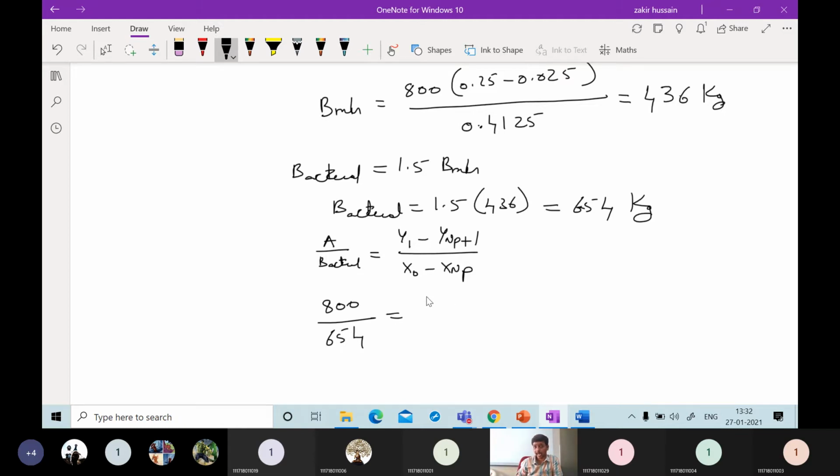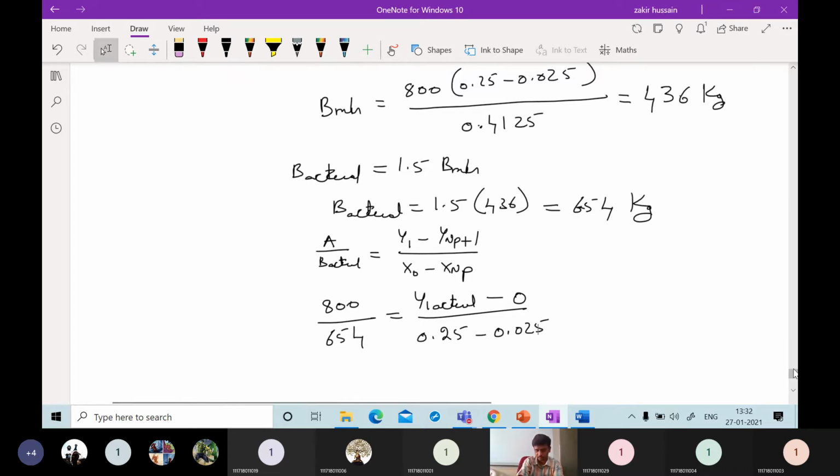Y1 actual we don't know. Minus ynp plus 1 is 0, x naught is 0.25, minus xnp is 0.025.